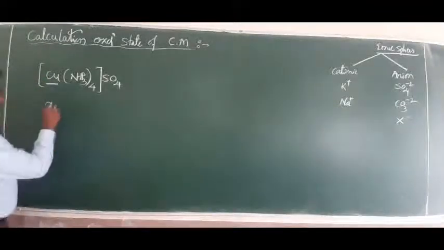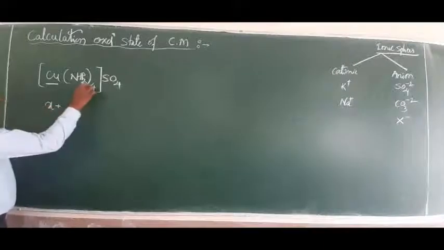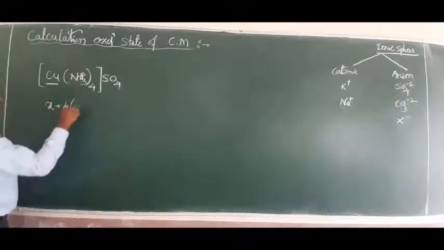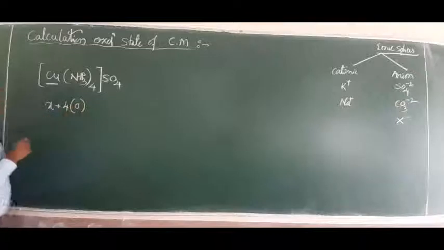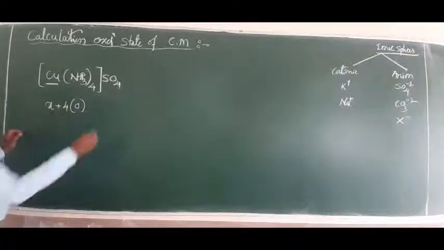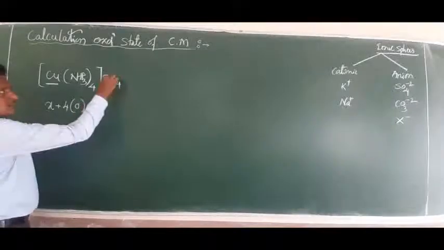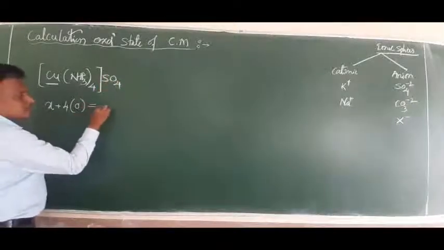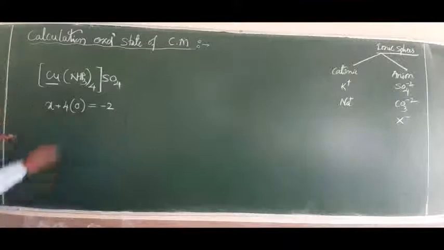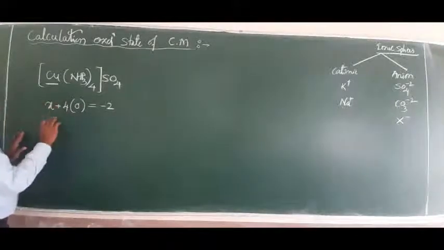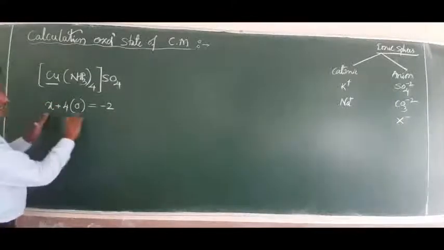You have to find X plus the total number of ligands, which is 4. Ammonia is neutral, so its charge is 0. The net charge is given as 0. The sulfate is -2, and the charge of this component is easily available in our syllabus.